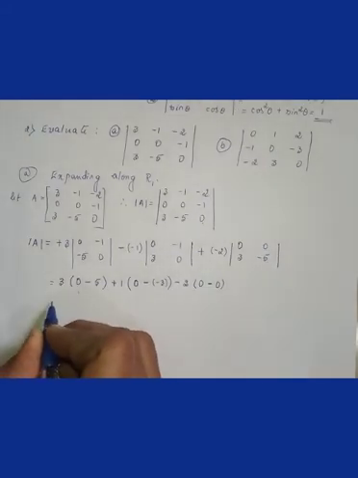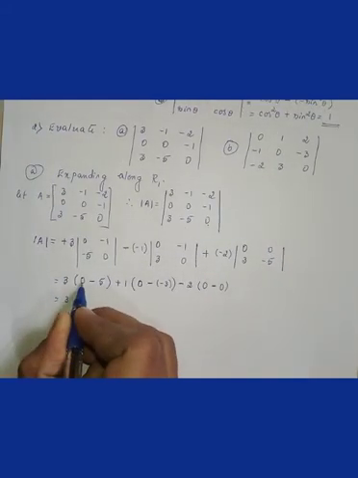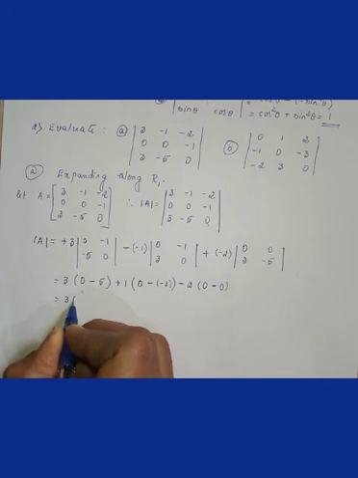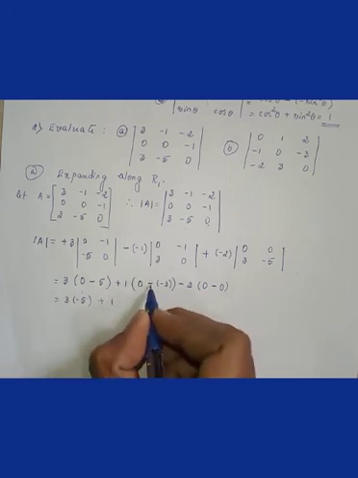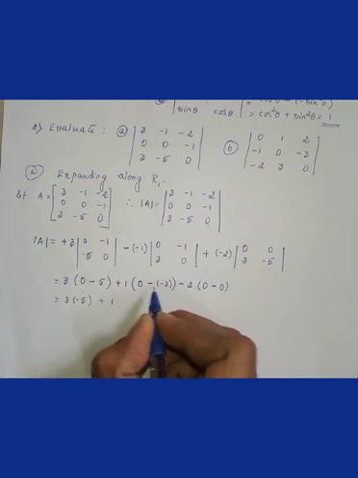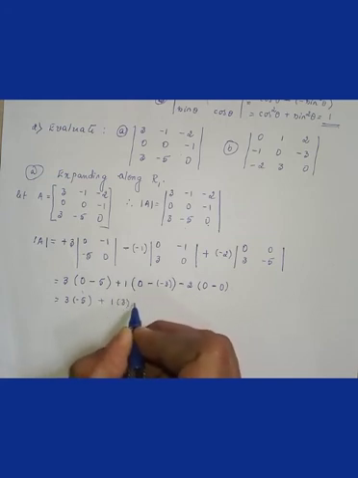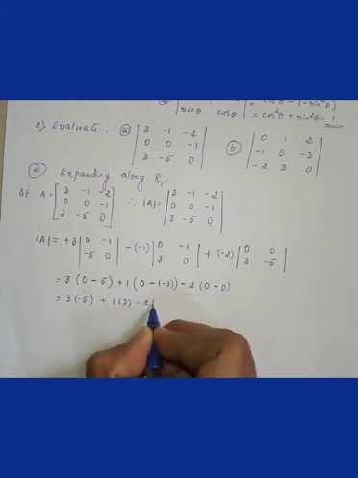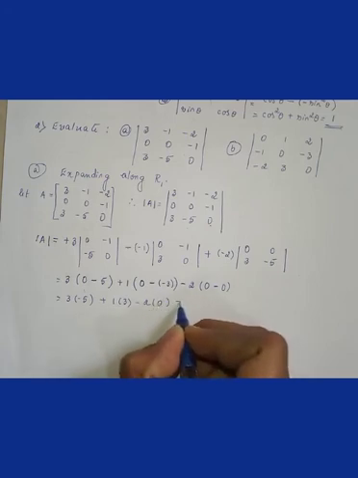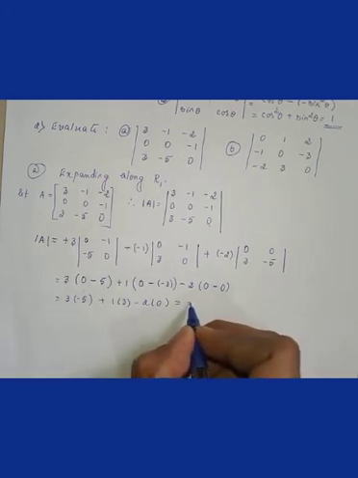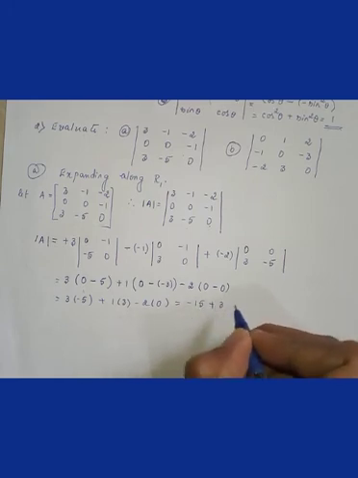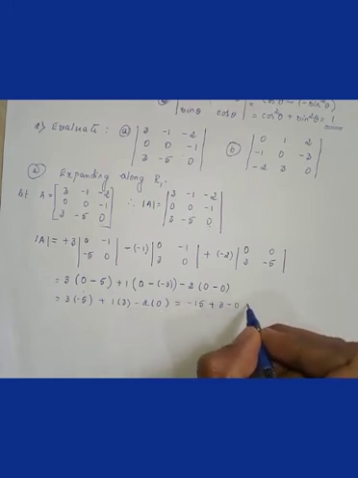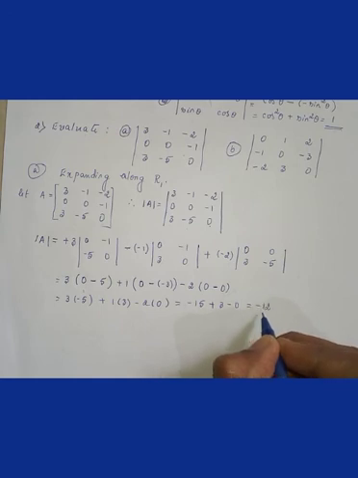So this equals 3 into 0 minus 5, plus 1 into minus is plus, so 0 plus 3 is 3. Minus 2 into 0 minus 0 is 0. So this is 3 into minus 5, minus 15, plus 3 minus 0. So minus 15 plus 3 is equal to minus 12.